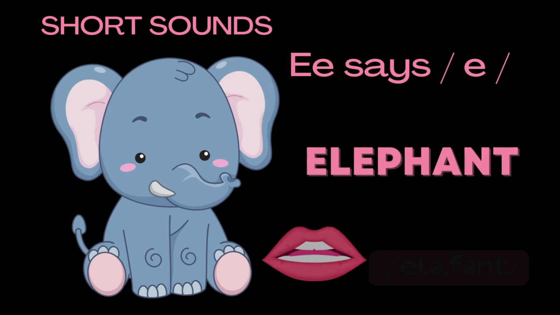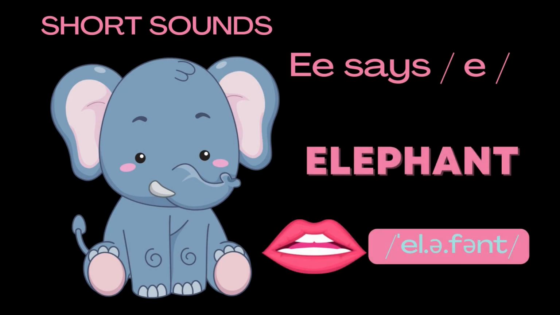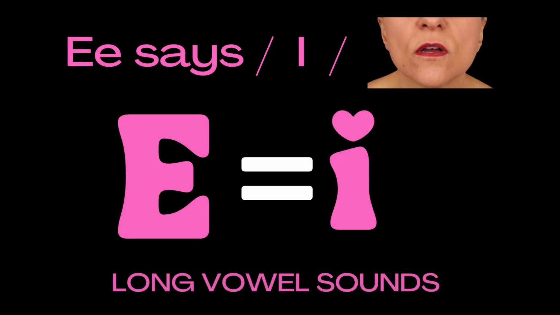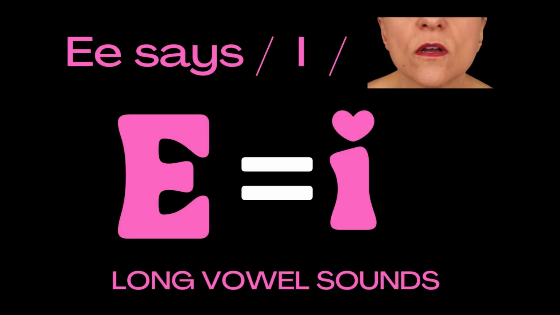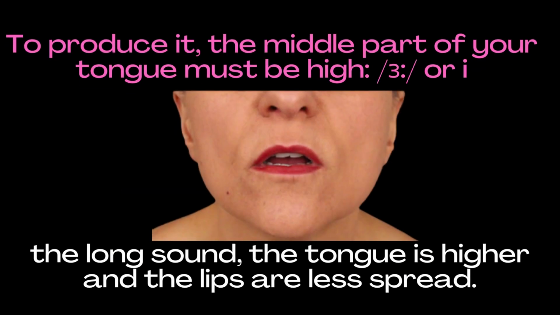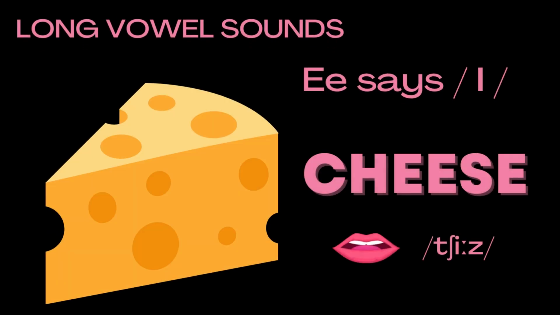An example of short sound E is the word elephant. On the other hand, the long vowel letter E is pronounced as E. To produce it, the middle part of your tongue must be high. An example of it is the word cheese. On the long sounds, the tongue is higher and the lips are less spread.